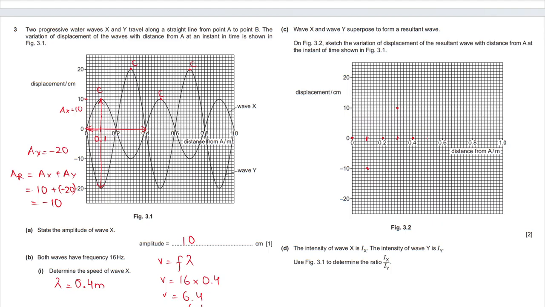Again it's going to be negative 10 and then between, ठीक है, so it's going to be एक साइनोसॉइडल वाला ही जैसे ग्राफ होता है. हियर इज रिजल्टेंट वेव का डिस्प्लेसमेंट का ग्राफ हमारे पास ऐसे ही आ जाएगा. And you will do the same.